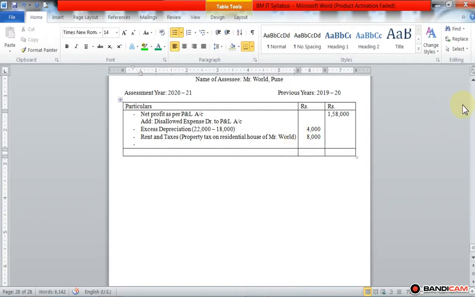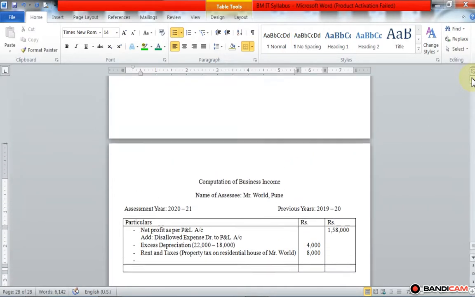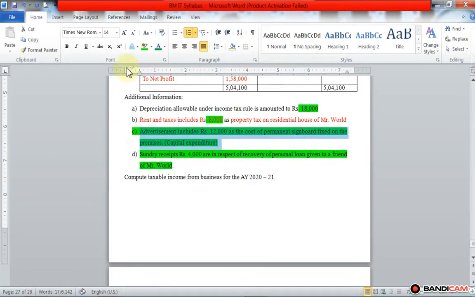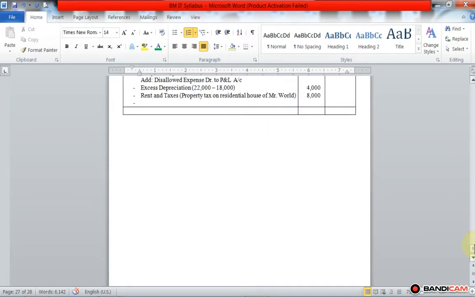Then adjustment number third, advertisement expenditure includes 12,000 as the cost of permanent signboard fixed on the premises. It is capital expenditure.